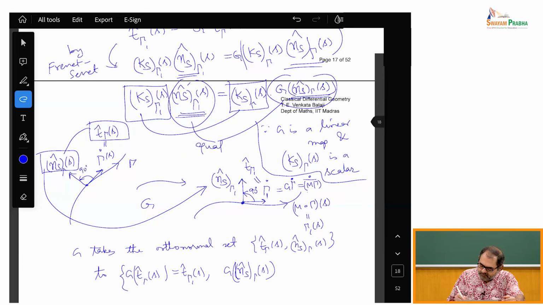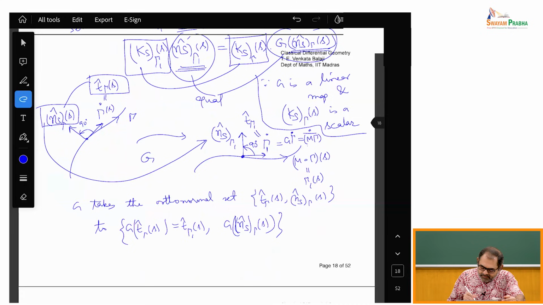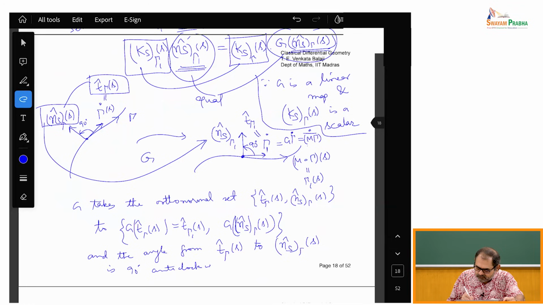And the angle from t cap gamma of s to ns cap sub gamma of s is 90 degrees anticlockwise, and g oriented.